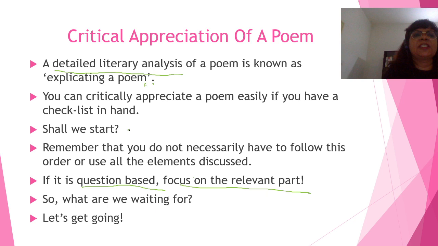Then I said if it is question based, you focus on the relevant part. Notice I've underlined that part. And then the literal sense. What is the meaning of literal sense? It is to be able to restate the poem in prose form. You can add that line wherever you want and develop it. Read the poem thoroughly, paraphrase the poem.